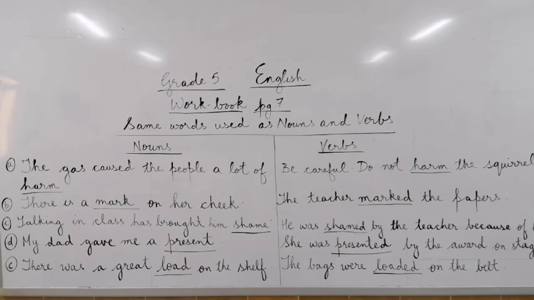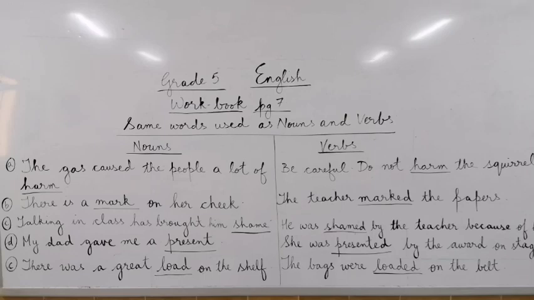Name of any quality or idea is called an abstract noun. Same word can be used to express any action. So in the second set of rows, we are going to use the same words as verbs.